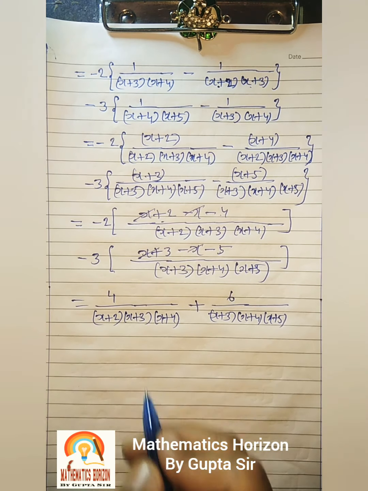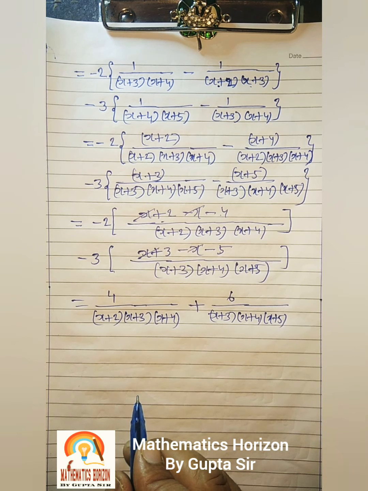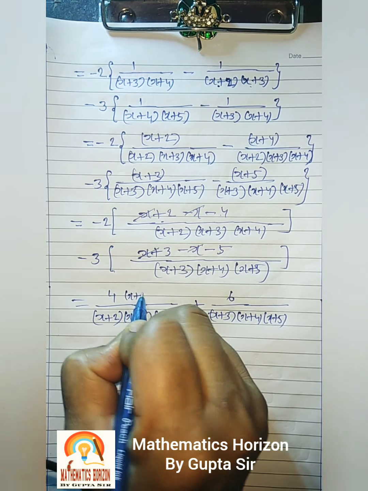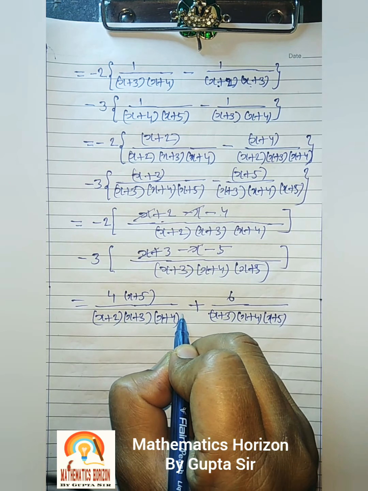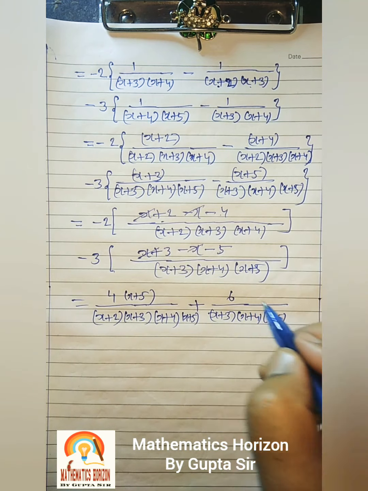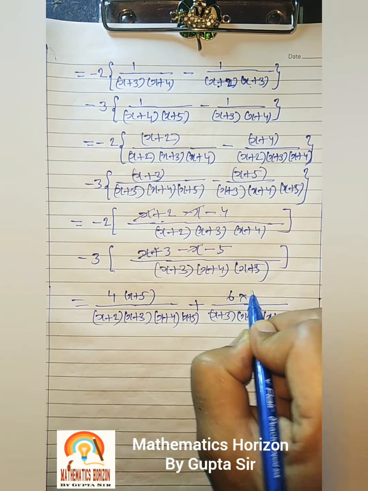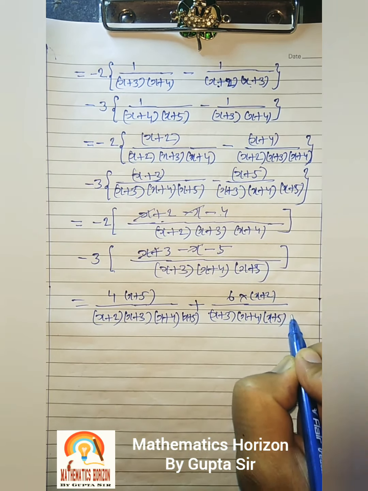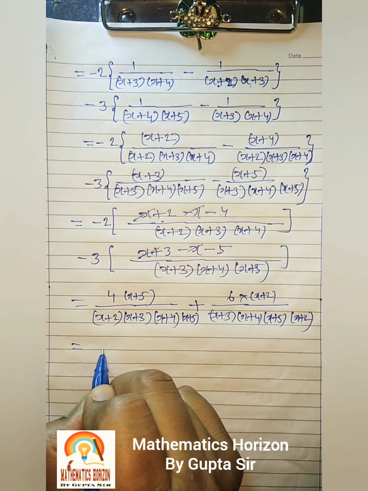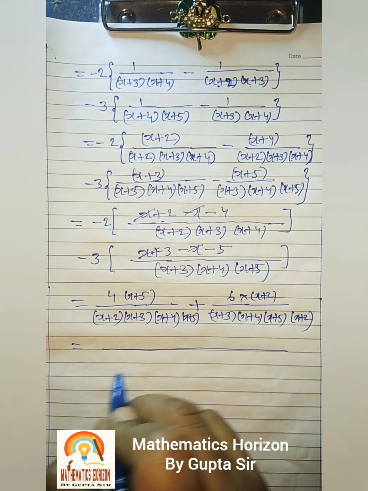here we have to simplify this. Now we can multiply here x plus 5, multiply and divide by x plus 5, and here we put x plus 5, and here we multiply and divide by x plus 2, and here we can put x plus 2. Now what is the common of these two terms?